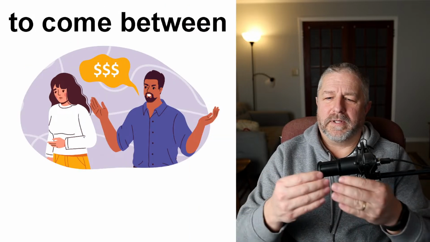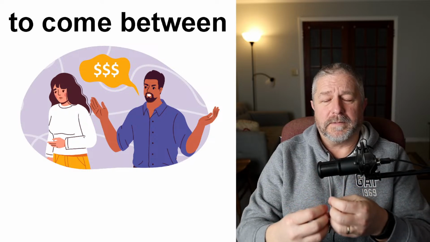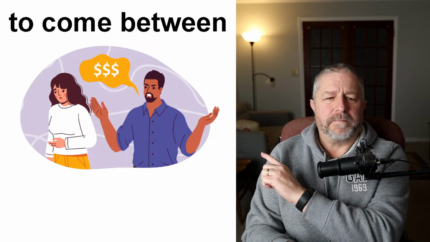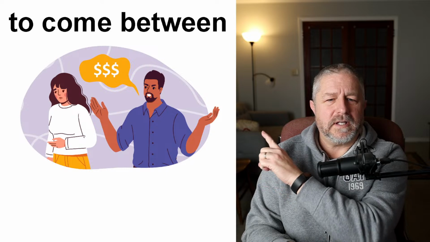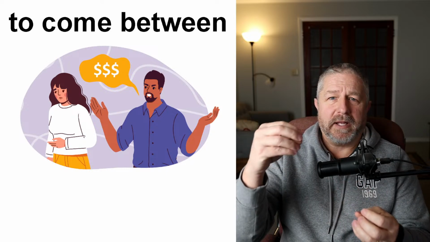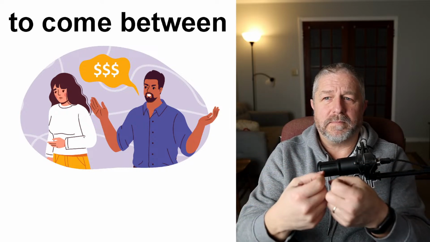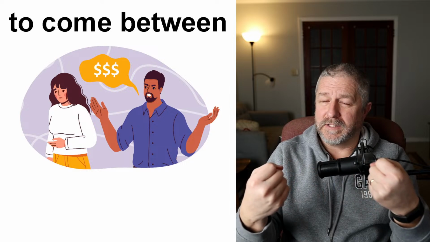To come between. So sometimes in a relationship, something might come between the two people in it. If this couple is fighting, you can see he's saying something about money. Sometimes how you spend money can come between people in a relationship and make them start to not like each other as much.